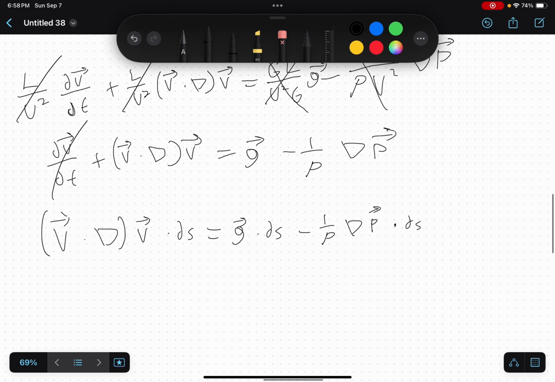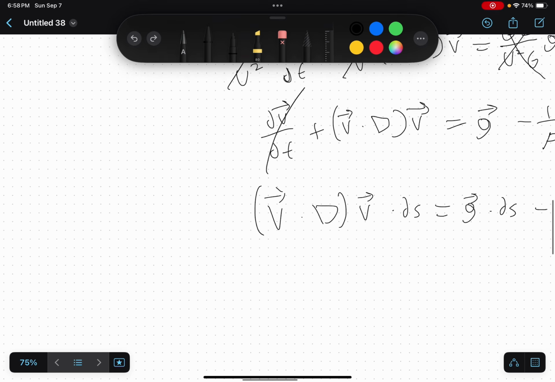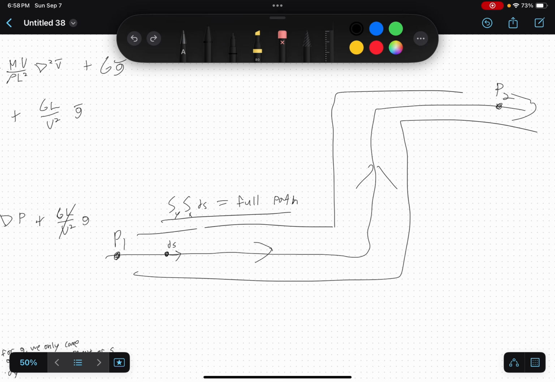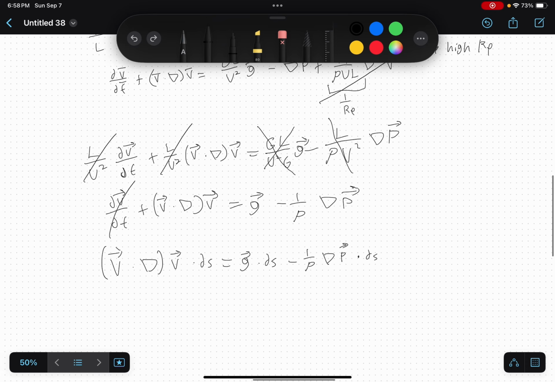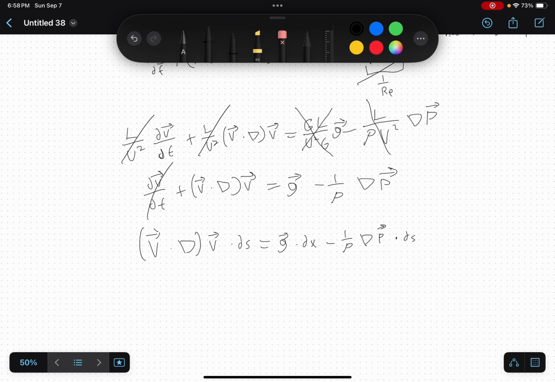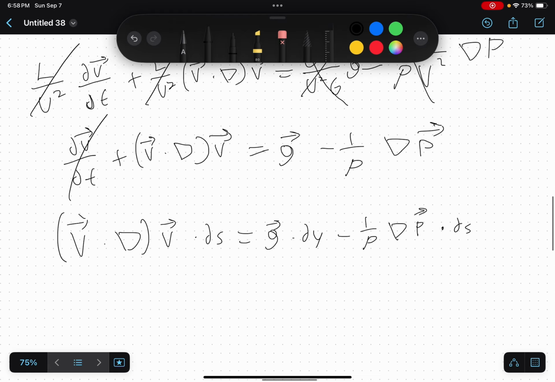And we can change this one a bit, because with gravity, the only direction we care about is y, the vertical direction. So we don't care about the x component. What we can do is change that s to a y. My bad. These other two components we leave as ds.